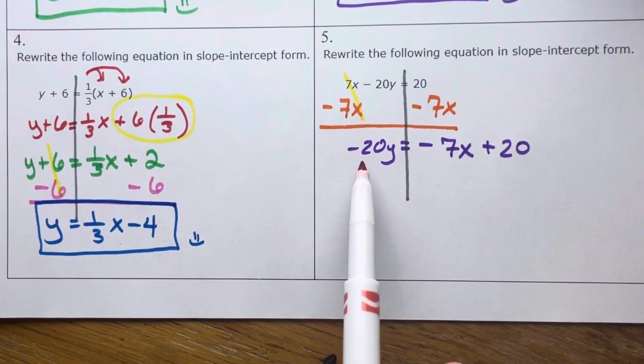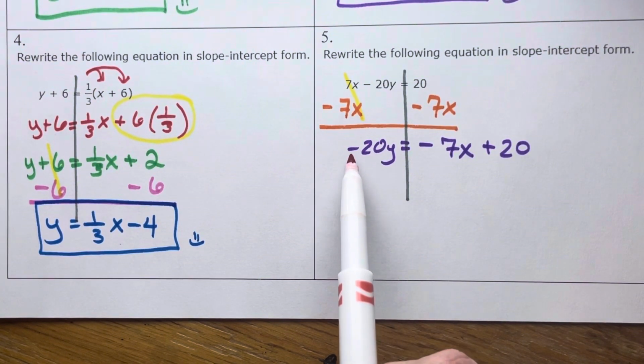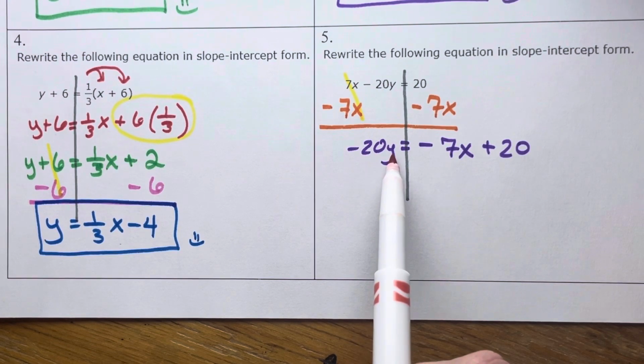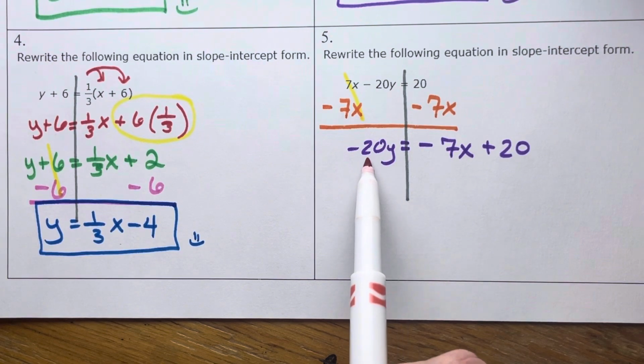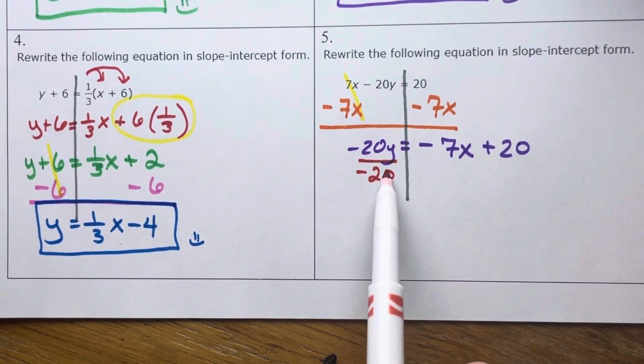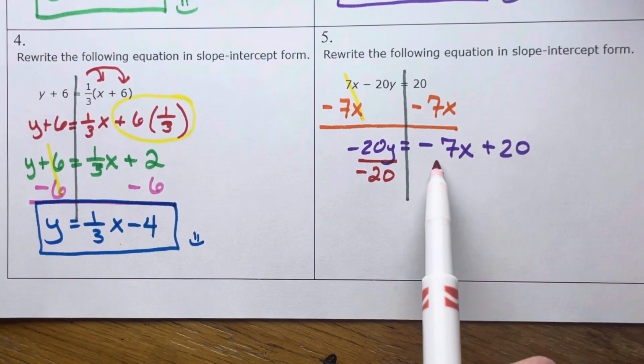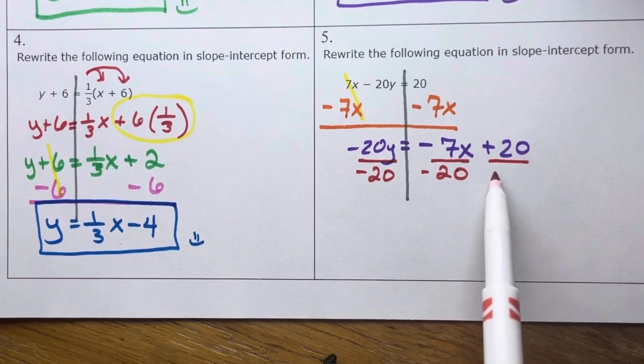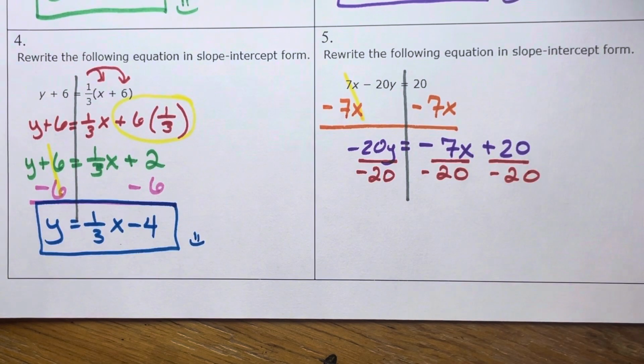Since I have a coefficient in front of the y, our negative 20, a coefficient is always multiplying to the variable that it is in front of, and the opposite of multiplying is dividing. So every term, 2 in this case, on the right side of the river is going to be divided by the negative 20.